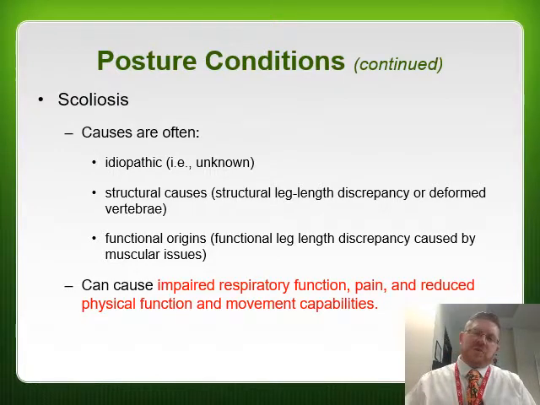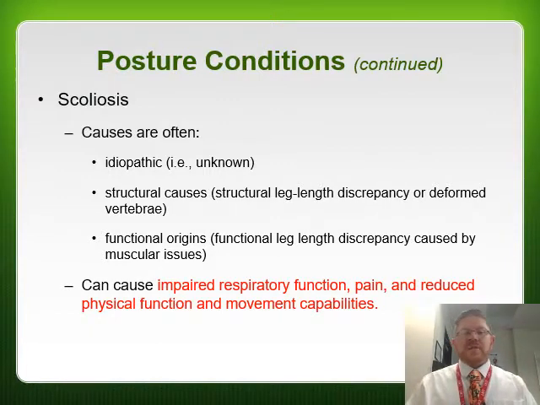But there are also functional origins, and these have more to do with leg length discrepancy that might be because of muscular issues in the area too. So actually injuries and posture and those types of things can also impact leg length, and then that could throw off your body and cause this problem. So there are actual corrective measures that you can employ to improve scoliosis.